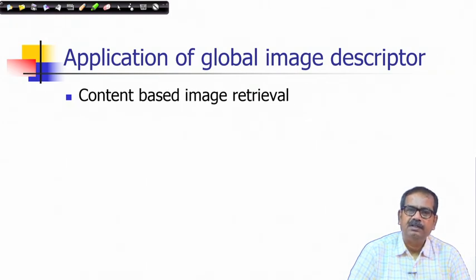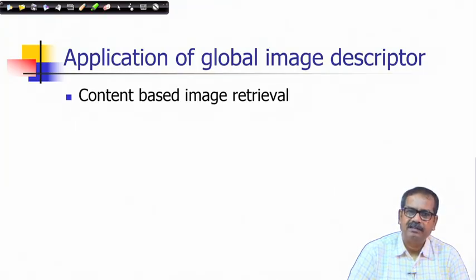So, for that you need to represent all the candidate images or images of your library using some of these descriptors, and given any query image, you also convert it to its descriptor and then try to match between the query descriptor and the descriptors of your library images, and find which one is closest, or rather a set of images which are closer than the others.